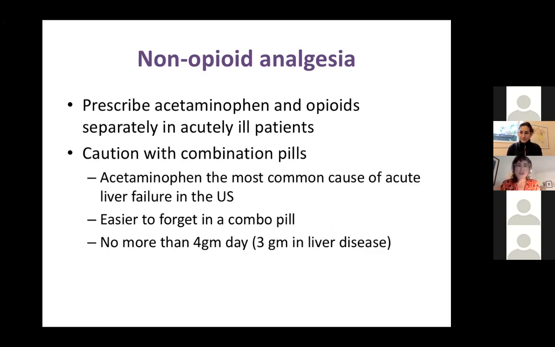The reason why I wouldn't choose the combination product is that in acutely ill patients, we should be prescribing the acetaminophen and the opioids separately so that we can titrate both components of that.